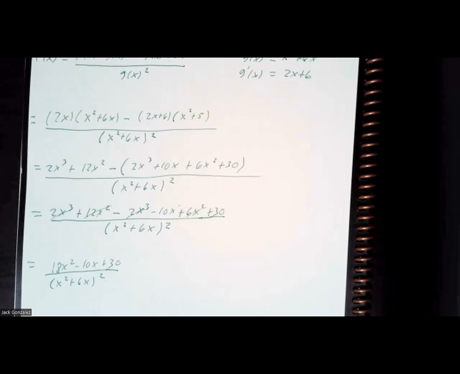Oh wait, no. No, I'm on the right one. Hmm. It's not showing one that has 18 on it, except for the one that says 4x to the third power. Hmm.